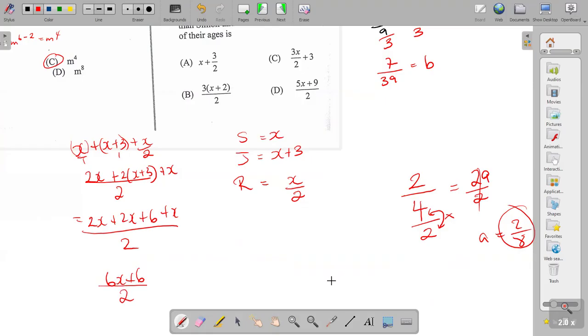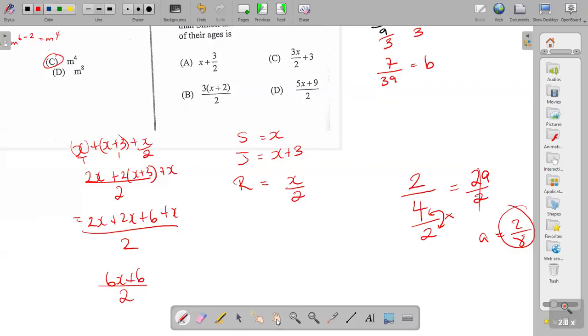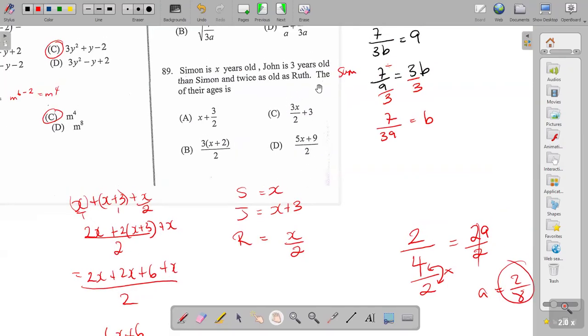Okay. Is that right? The reason why this is so funny, I don't even know what the question is asking. I think it's the sum, but I'm not sure.